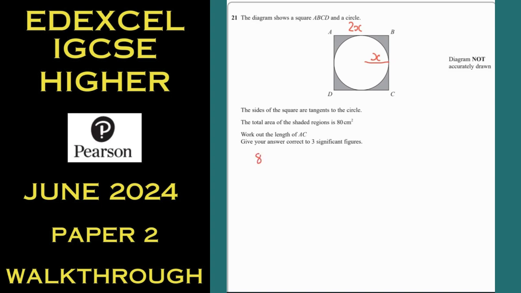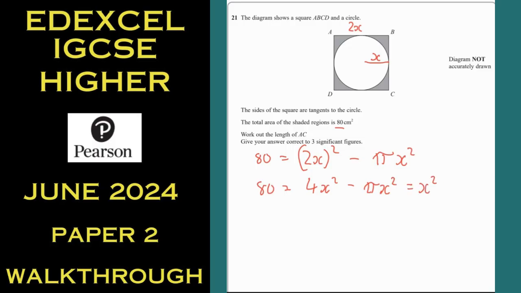We can say that 80, which is the shaded region, is going to be the area of the square, 2x times 2x, minus the area of the circle, which is pi r squared, but we don't need the r, because the r is x. So let's just tidy it up. 80 equals 4x squared minus pi x squared.